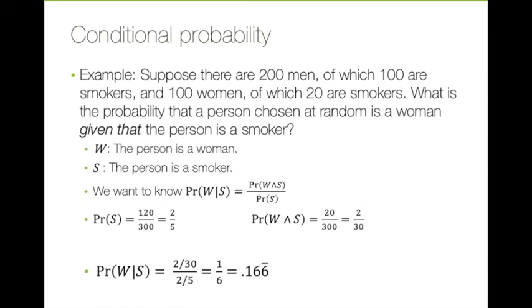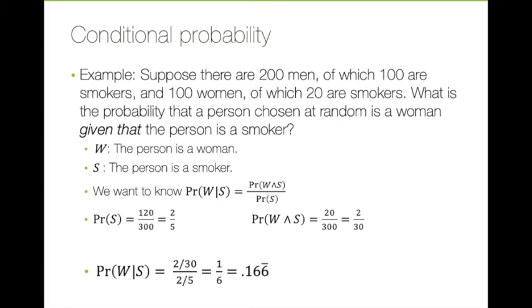The probability of W and S being true is 20 out of 300. 20 of the total 300 people are both women and smokers. The probability of S is 120 out of 300 because there are 120 total smokers, 100 men, 20 women.